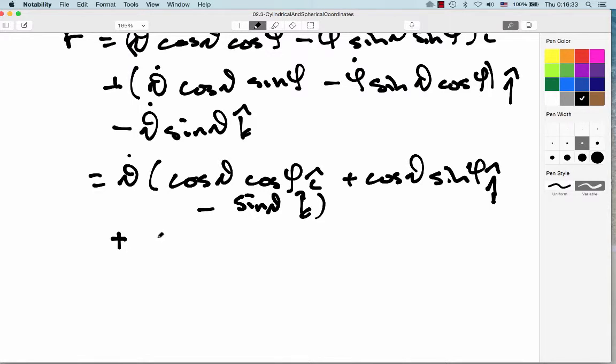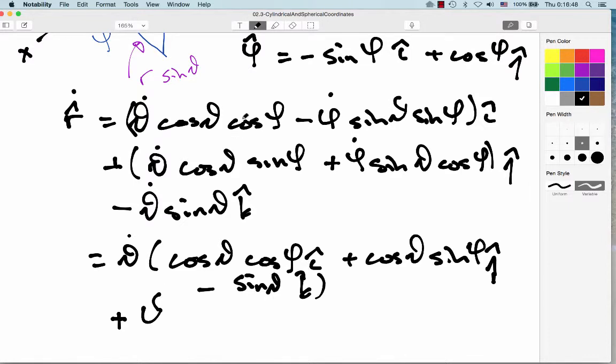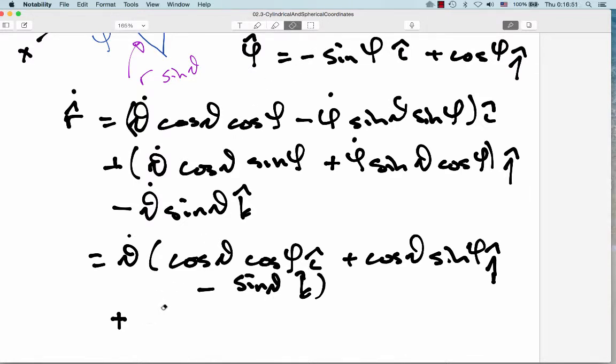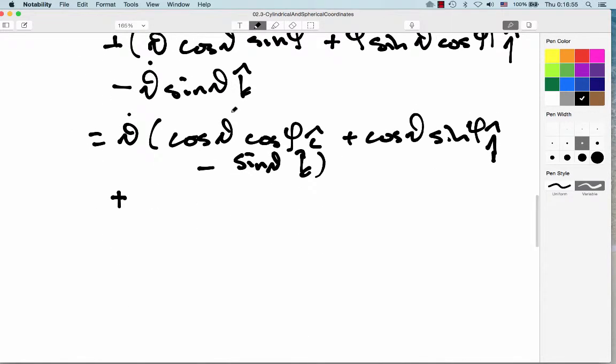Plus there's a bit with phi dot, so let's pull it out. I'm sorry, I dropped a minus sign there when I was differentiating. So pulling that out, I will get a phi dot, and I can group out a sine theta.